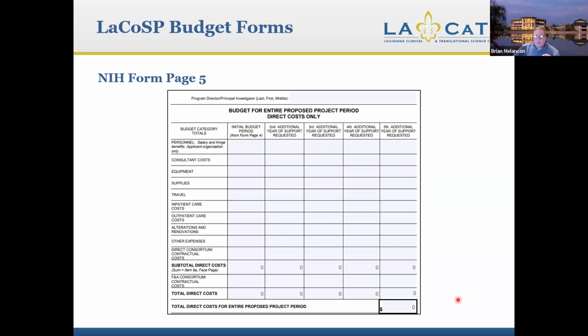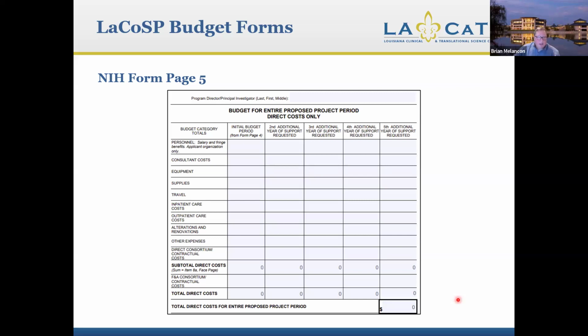So the form, page 4 that we just talked about, and when I mentioned the project period, you can consider each form, page 4 for each year. So if your project's 1 year, you're only going to fill out one NIH form, page 4. If your project is 5 years, you're going to fill out 5 separate form, page 4s.